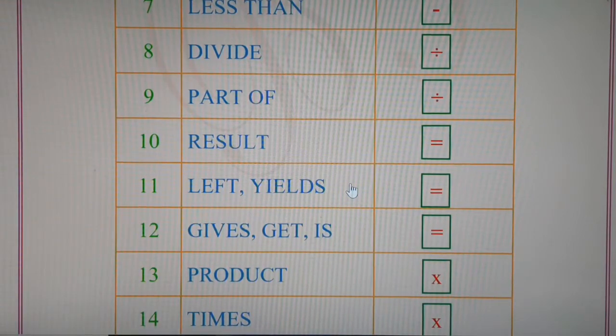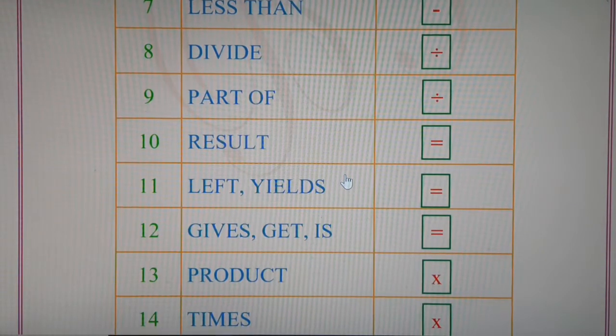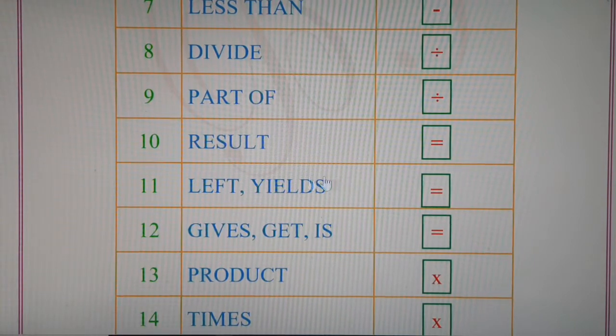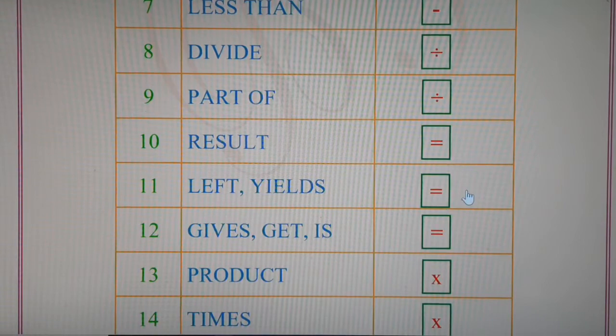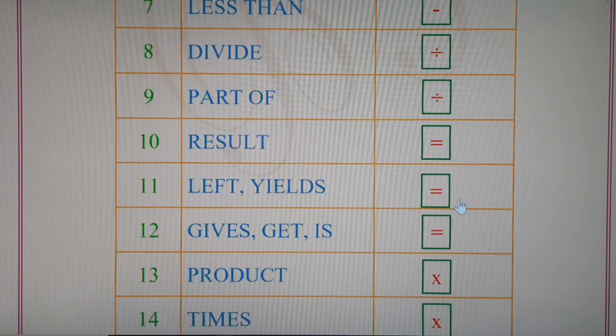On subtracting 5 from an unknown number, we get 7. That means when the word get is used, we have to put equal to. On subtracting 5 from an unknown number, 7 is left. That means we have to write equal to 7. When the word left is written, we have to use the equal to sign.